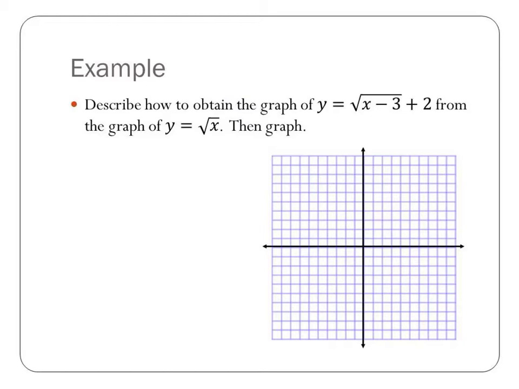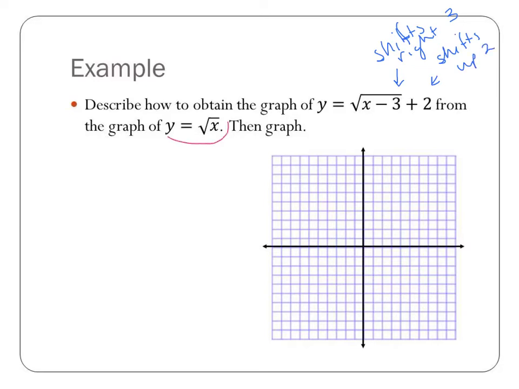Okay, so how does it change and then graph it? The minus 3 shifts it right 3, because remember it's x minus, and the plus 2 shifts it up 2. But we have to start from these 2 basic points.